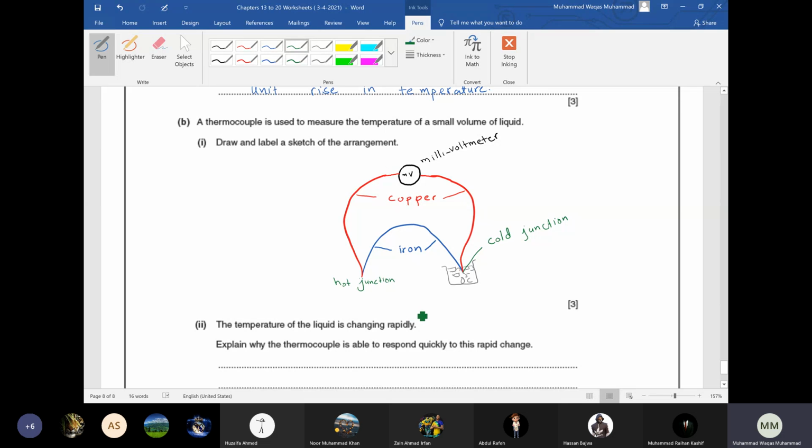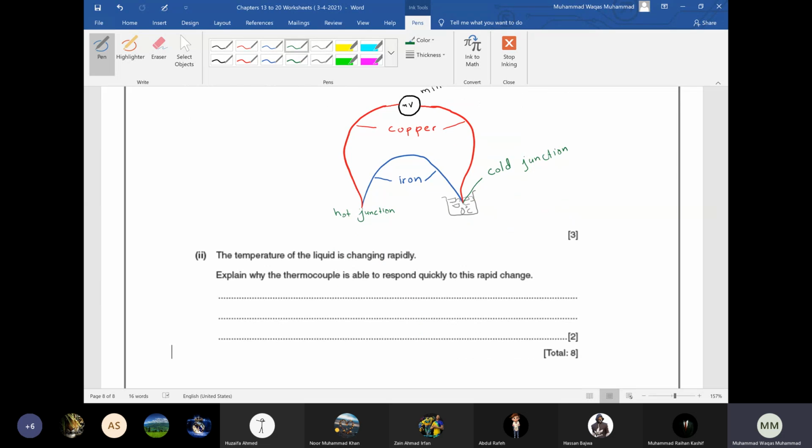So this is a labelled diagram of the thermocouple. Beta, got it or not?